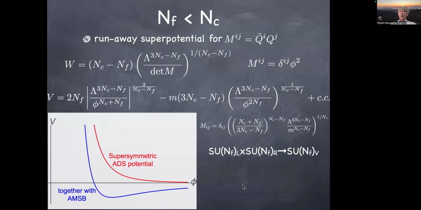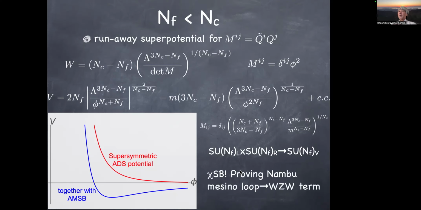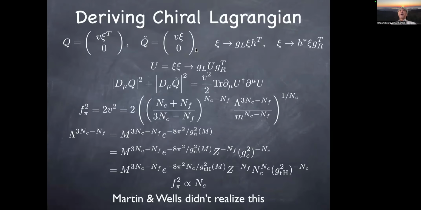And when you go to the low energy limit, you need to integrate out everything that has a mass, like the superpartner of the meson called the mesino. That's the fermion. And when you integrate out the fermion, the loop has an anomaly, and that exactly reproduces the Wess-Zumino-Witten term we talked about in class. And you can derive the chiral Lagrangian now from first principles.